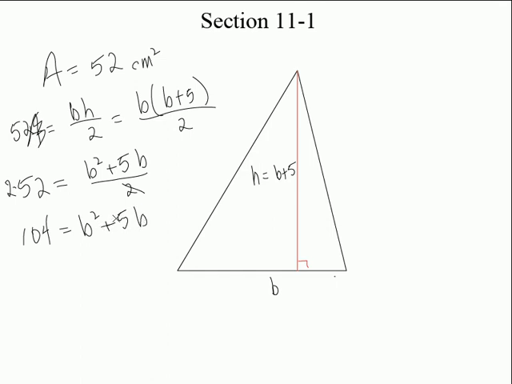This kind of looks like what now? Quadratic, yeah, the dreaded quadratic. We're going to do a ton of this next year, but let's do it again. We've talked a little bit about this this year. I want to set this equal to 0, don't I? So let's move that 104 over: you subtract 104, and that equals 0.